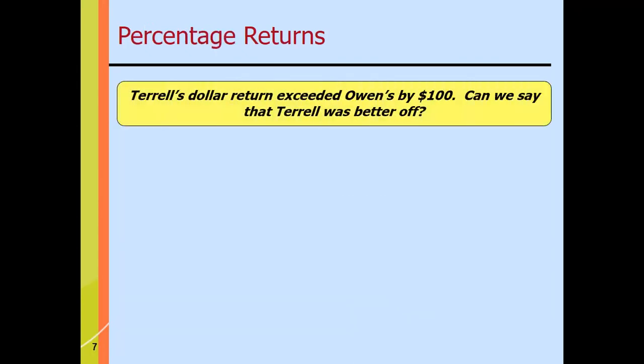Then what about the percentage return? So for example, Terrell's dollar return exceeded Owen's by $100. So can we say that Terrell was better off just by looking at the excess of the return of Terrell over Owen?